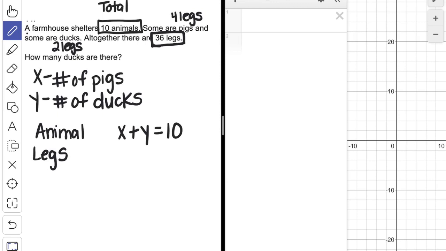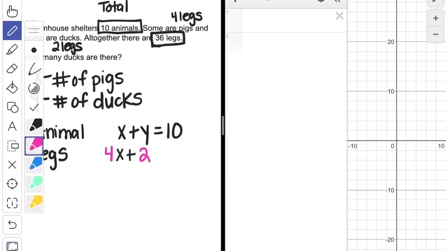Now the legs equation. We're going to make sure we go in the same order, so we're going to start with pigs because that's what we did here. We know that pigs have 4 legs. So right here, I have 4 legs for my pig, so 4x is what we're going to be working with for legs. Now my duck has 2 legs, so I'm going to put a 2 here.